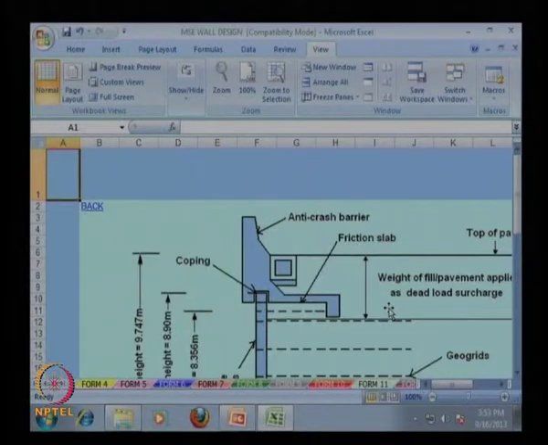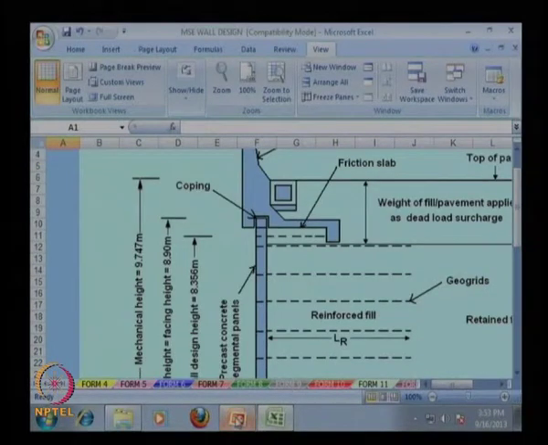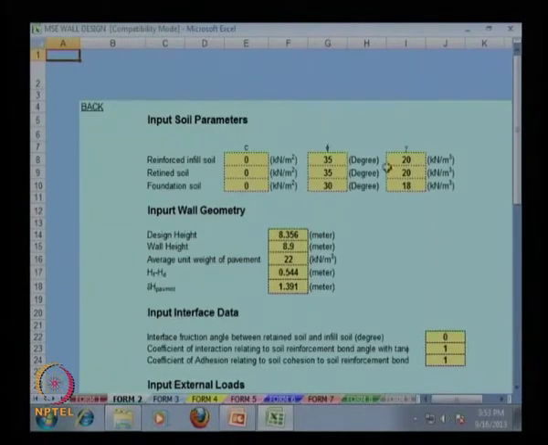So, we will follow these codes. Okay, then I will show you what should be the design input for this.